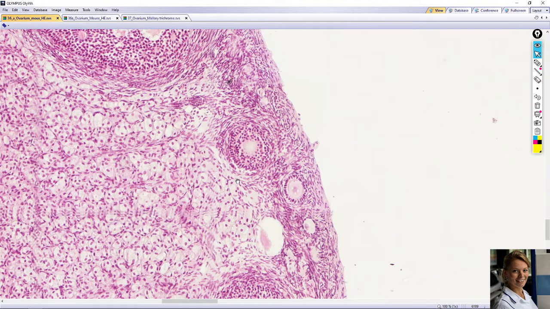Smaller follicles with cuboidal or columnar or stratified cuboidal cells that surround the primary oocytes are called primary follicles. So here is a primary follicle, also here.